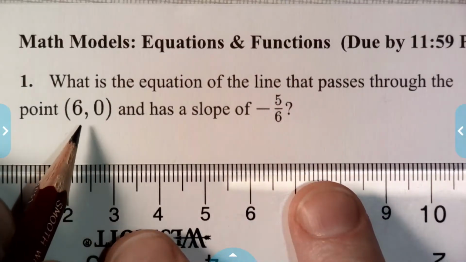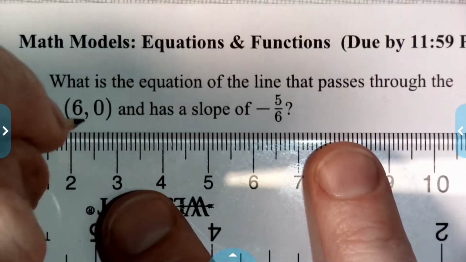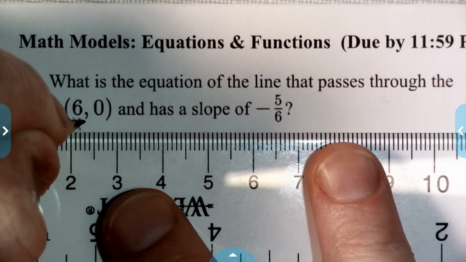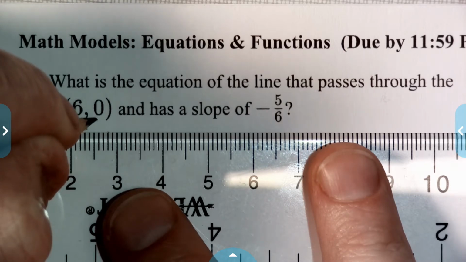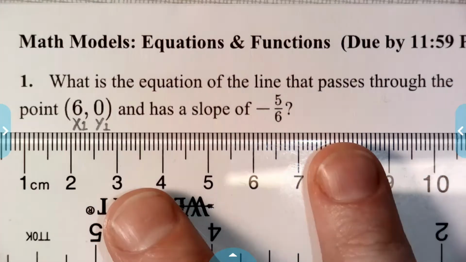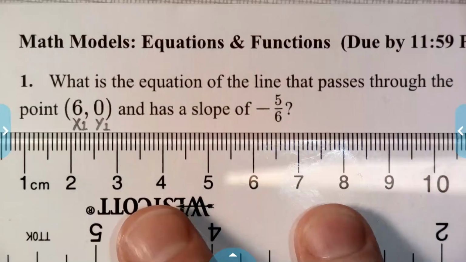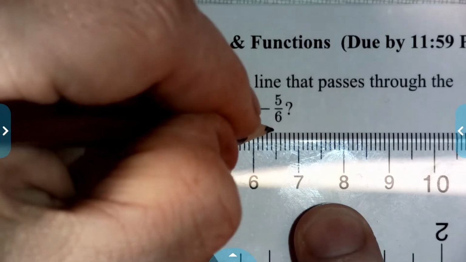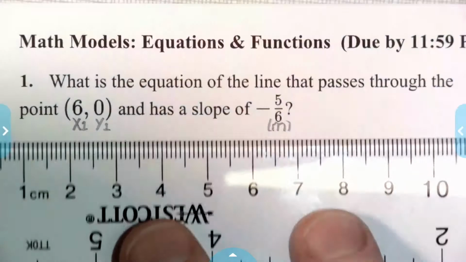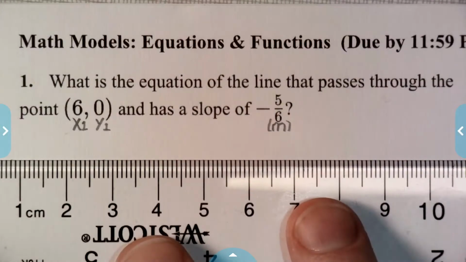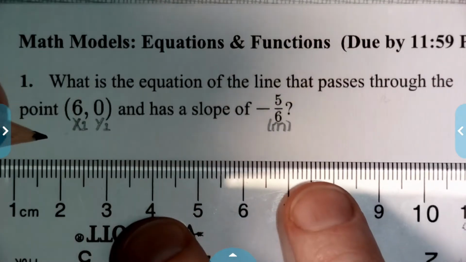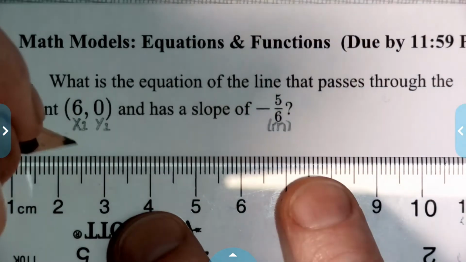The thing that I strongly recommend is that you label this point here x1, and then label the y value y1. And then underneath the -5/6, put an m. So you know when you look at the formula I'm about to write exactly what numbers you're going to use. So here's the point slope formula.